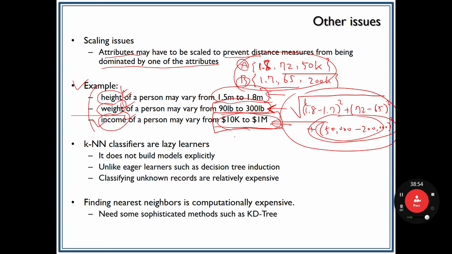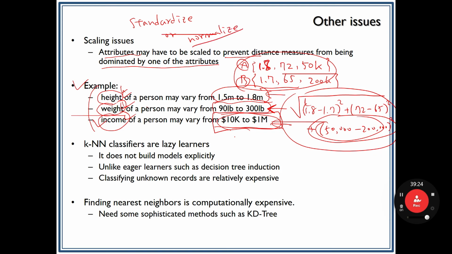You can either standardize the data set, which means that we subtract the mean from each column and divide by the standard deviation. Or you can normalize.